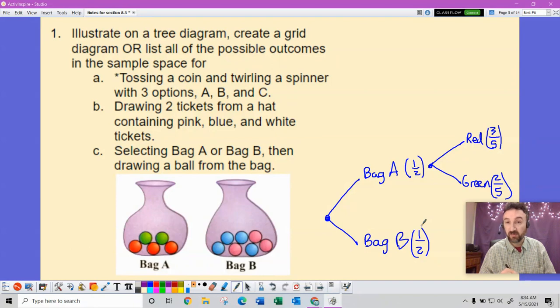So that overall probability would be 1/2 multiplied by 3/5 or 3/15, 3/10, sorry. In other words, there's a 30% chance of getting bag A and a red ball in this experiment.